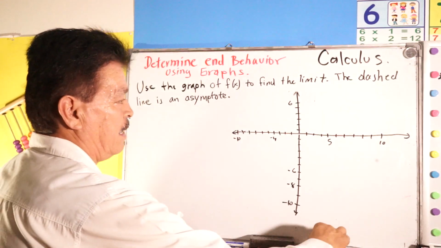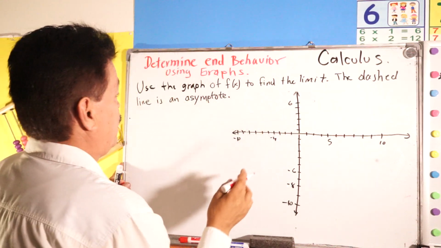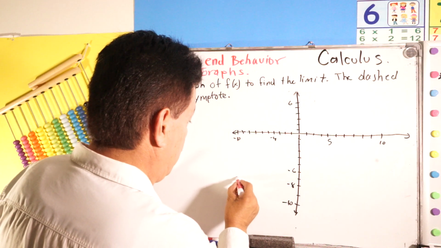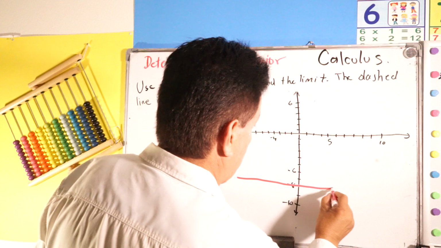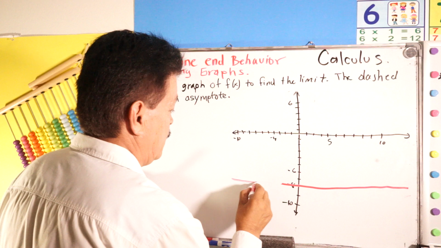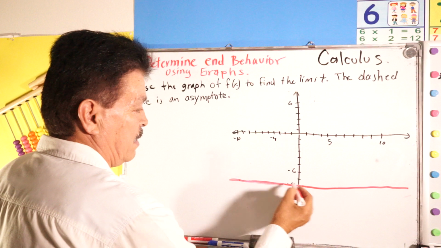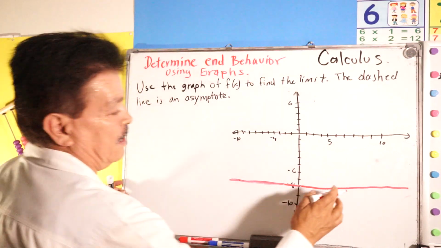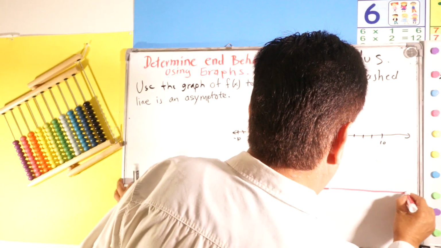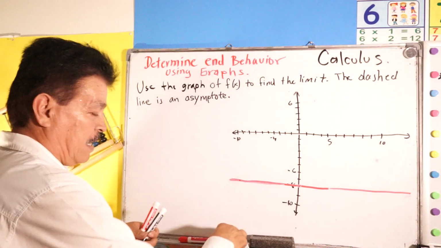Now let me write that in this case the asymptote, the dashed line, is crossing at this point, exactly at number 8, right? So let me make the graph.